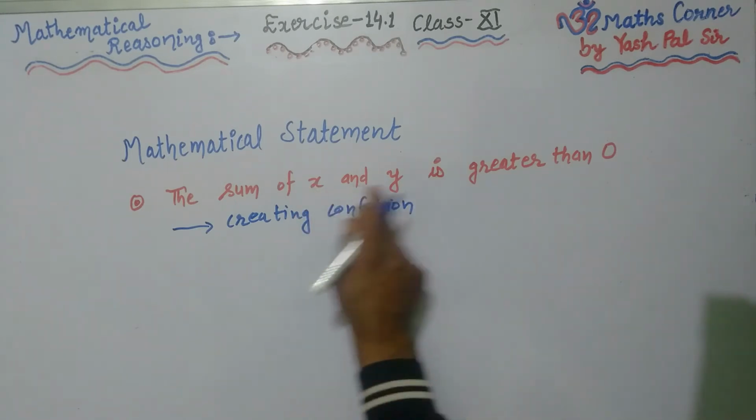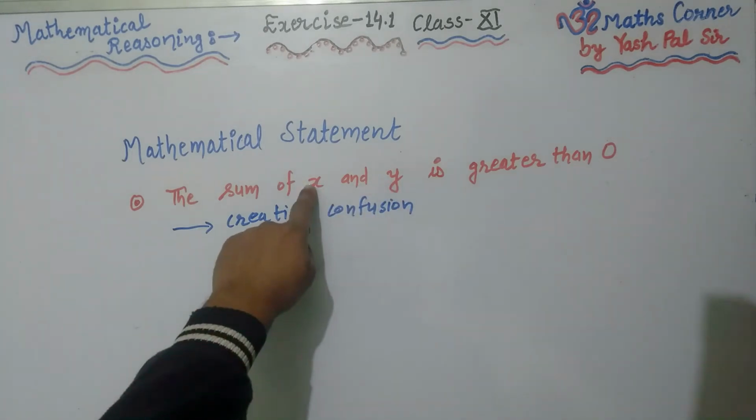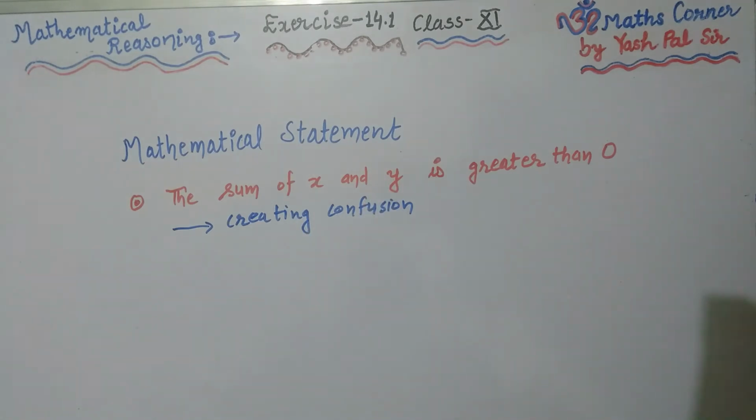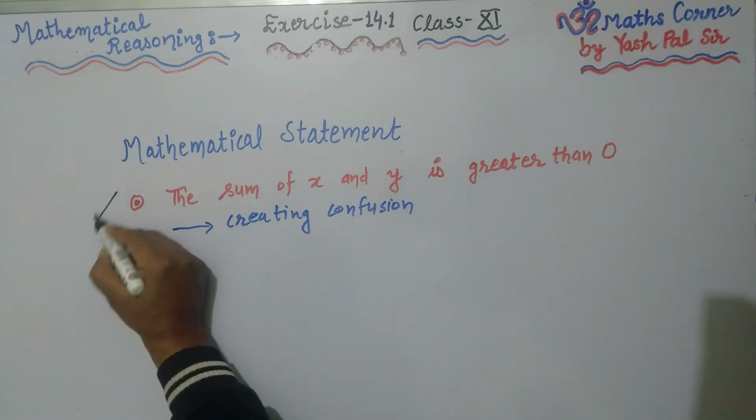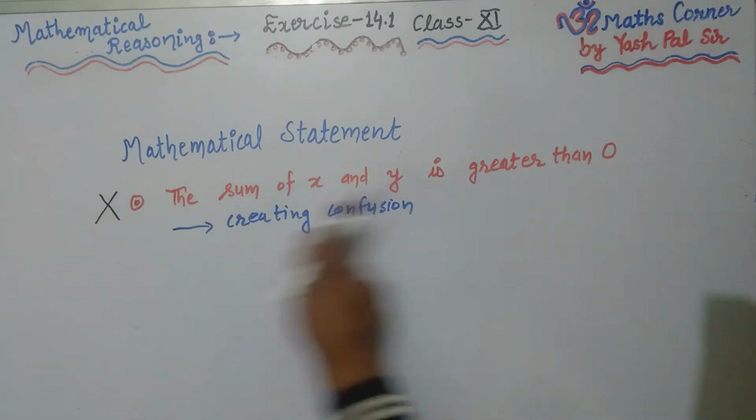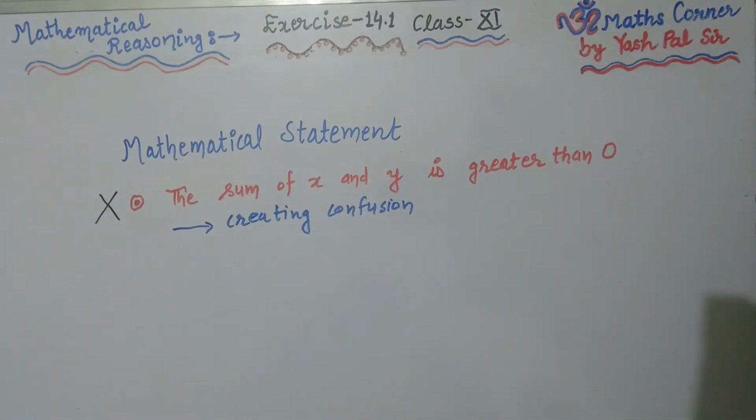If both are negative, x is negative, y is also negative, then how can the sum be greater than 0? This is not accepted in mathematics as a statement. So we say this is not a statement.